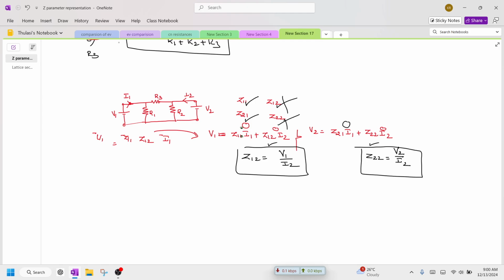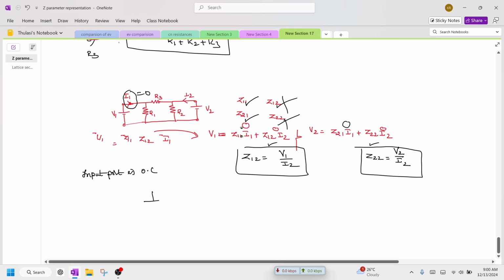Okay, let's verify now. Here, what is open circuited? The input port is open circuited, so the current becomes 0 here. I'm going to redraw the network. This is V1 and this is open circuited.